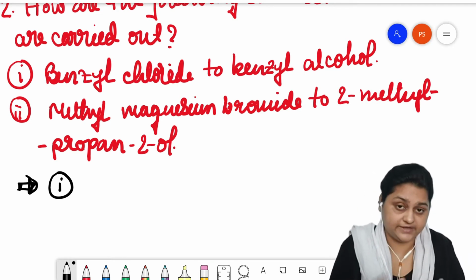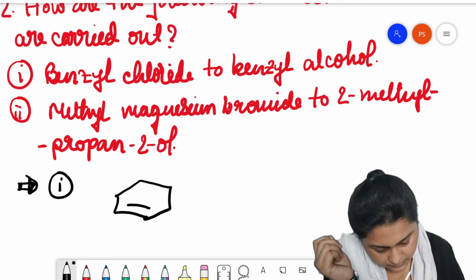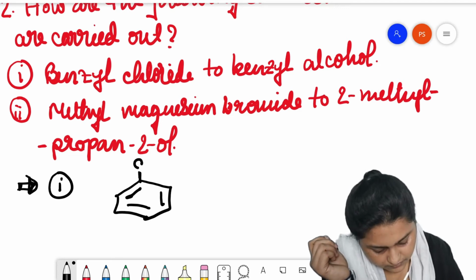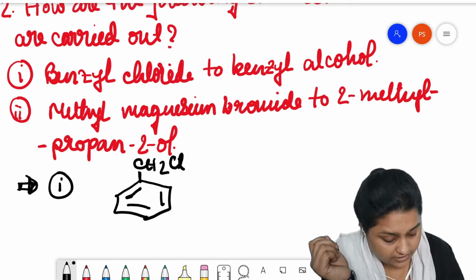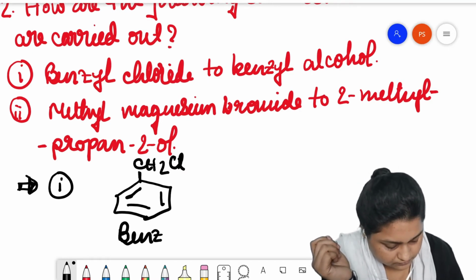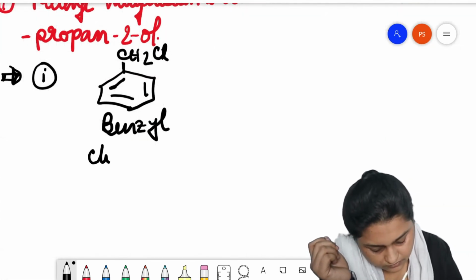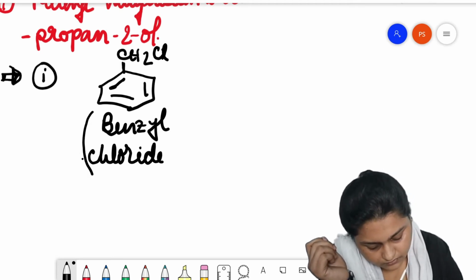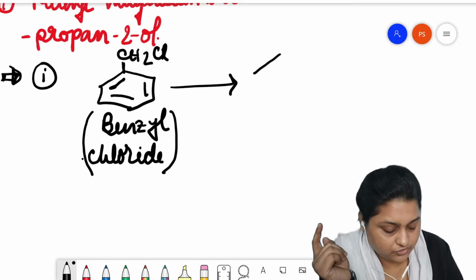First, the reactant is benzyl chloride, which is this one, CH2Cl benzyl chloride, and we convert this benzyl chloride to benzyl alcohol.